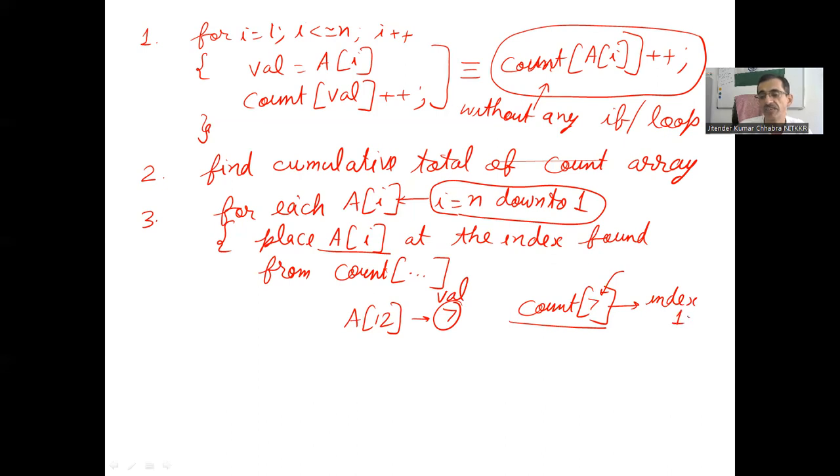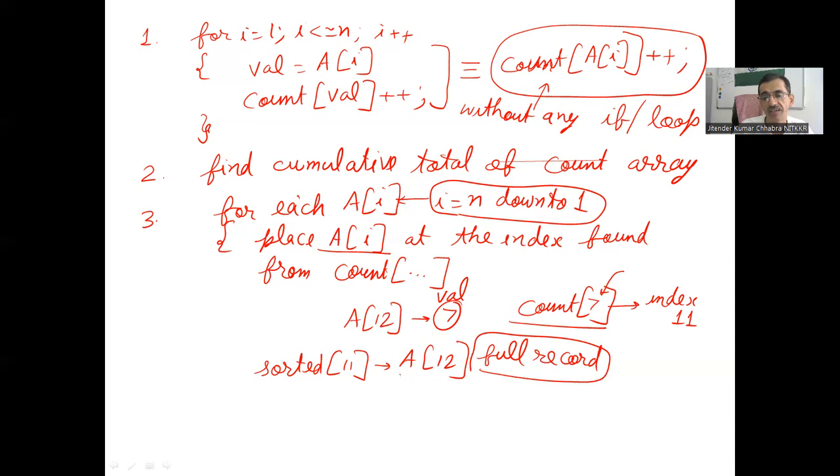I found that the index is 11. So in the sorted array, effectively at index 11, I will store the value A[12]. A full record will be stored, which is why I'm saying value A[12] as a collective value. And then I will do sorted[11]--, so that next time this index gets reduced to 10, and once the value 7 comes again, that will be stored at index 10.